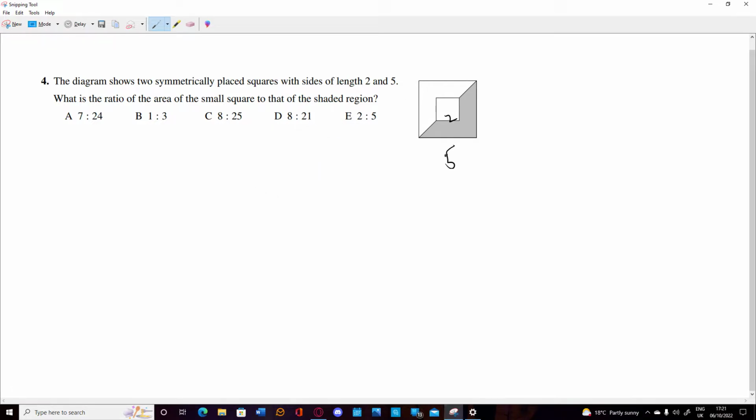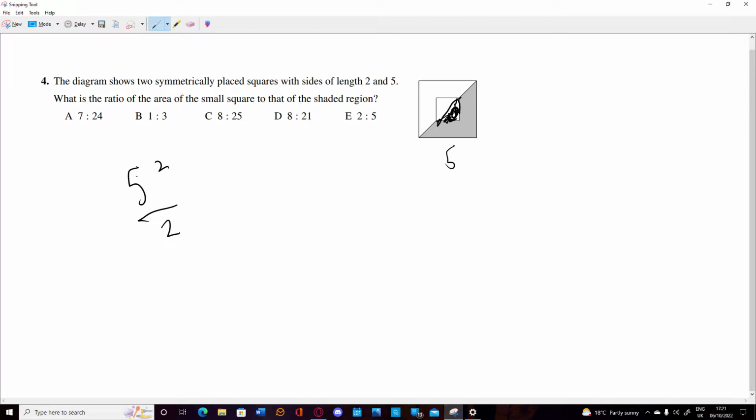So if we want the ratio, first of all, if we want the area of the shaded region, we notice that we have to get the area of the whole square, and then we have to half it. So let's just find that out. That's just going to be 5 squared divided by 2 for this whole triangle, if you shade that as well.